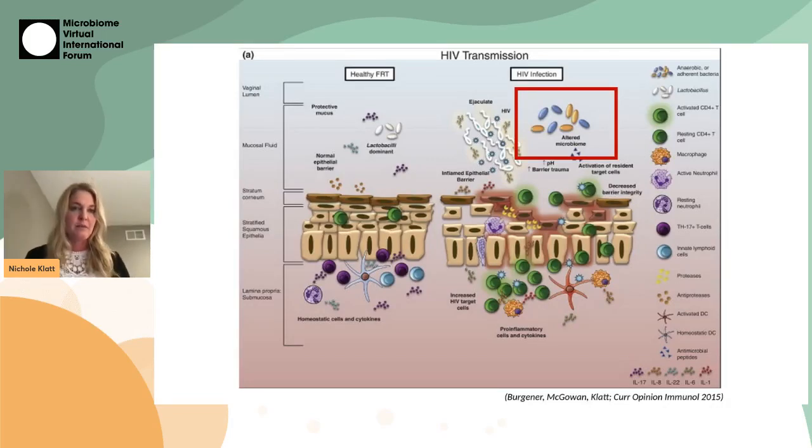And hopefully, and I'll get into much more detail shortly, you have a lactobacillus-dominant ideal microbiome with a low pH, which also helps maintain barrier health. However, when you get an altered microbiome, this can cause all kinds of downstream issues, like damage to this tight epithelial barrier, pro-inflammatory cells and cytokines, and all of these together can make you far more susceptible to STIs and HIV.